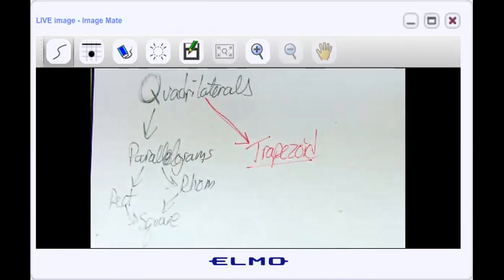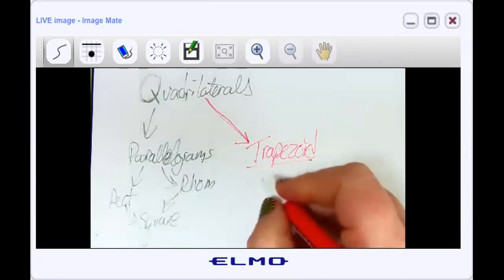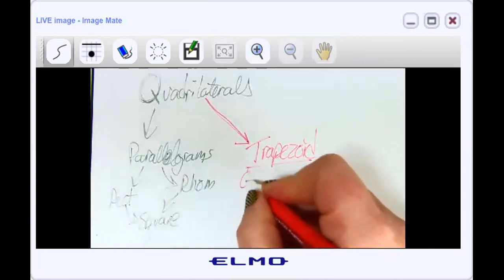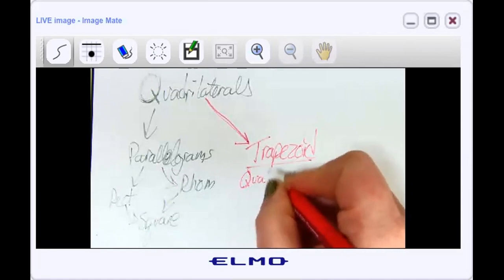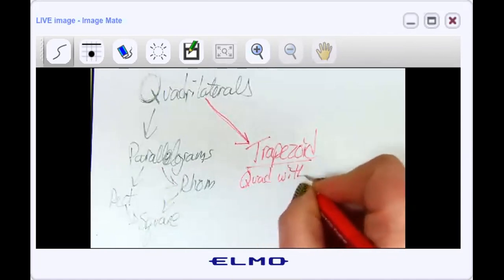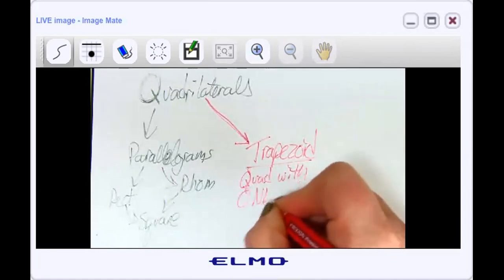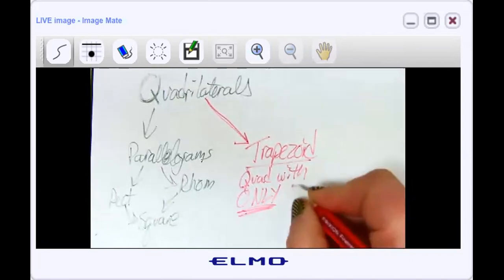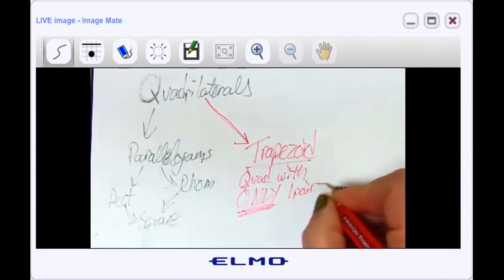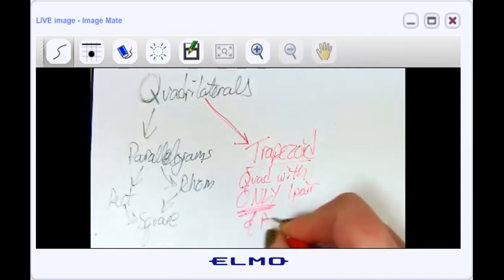You can't have two, because if you have two pairs of parallel sides, now it's a parallelogram. So if you only have one pair of opposite sides that's parallel, it counts as a trapezoid. Okay? So it is a quadrilateral with only one pair of parallel sides.